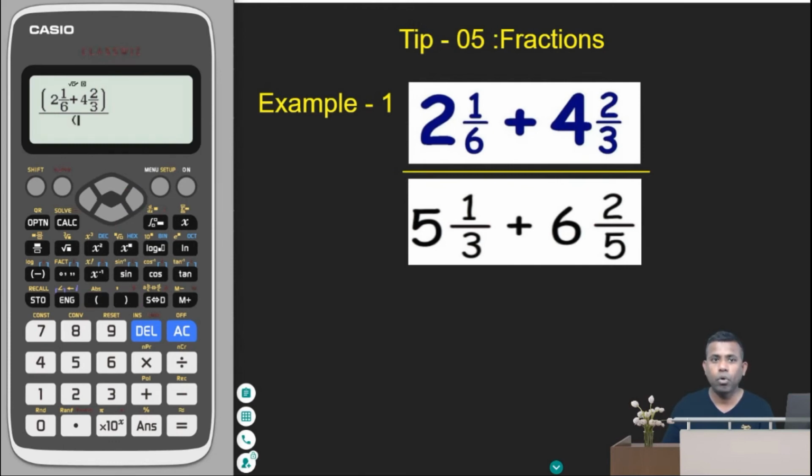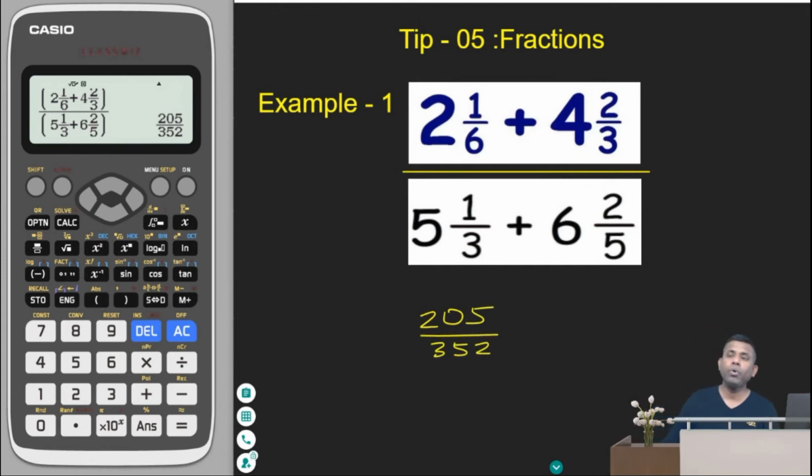Again bracket open, shift and mixed number format, 5 1 3, right-hand side, plus and shift, 6 2 5, and right-hand side, bracket close and press the answer. The answer is 205 over 352. So make sure you can use the calculator effectively.